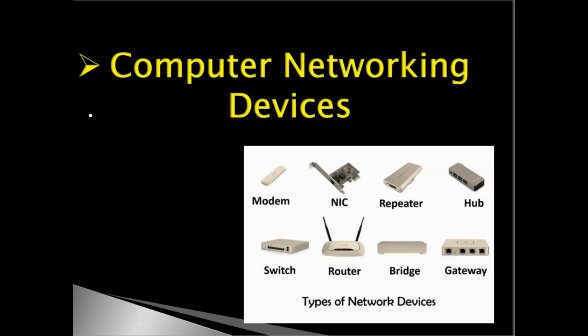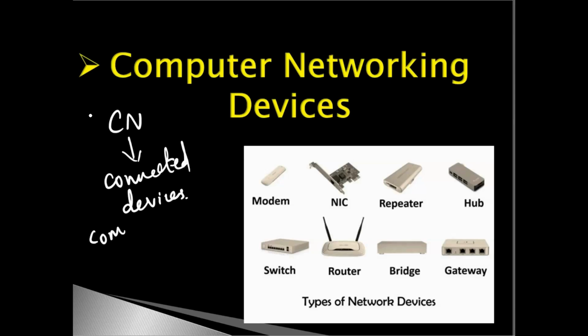So first of all, what is meant by a computer network? Let us make a recap of computer networking. Computer networking is nothing but a connection, connected devices. So what are all the devices that get connected?